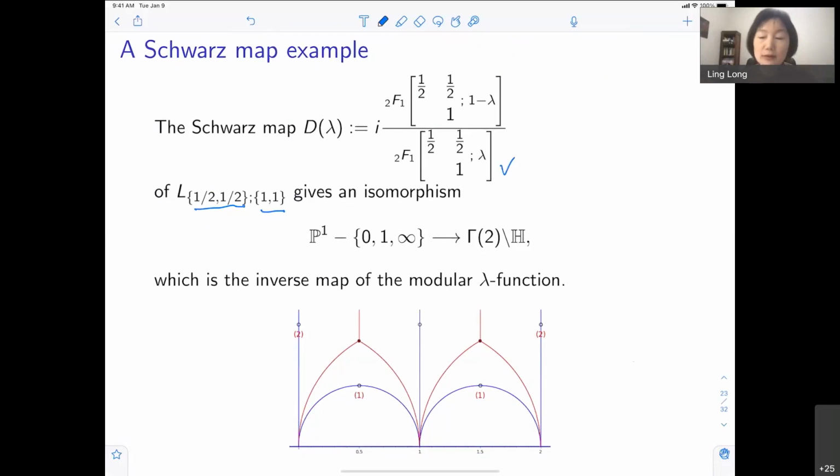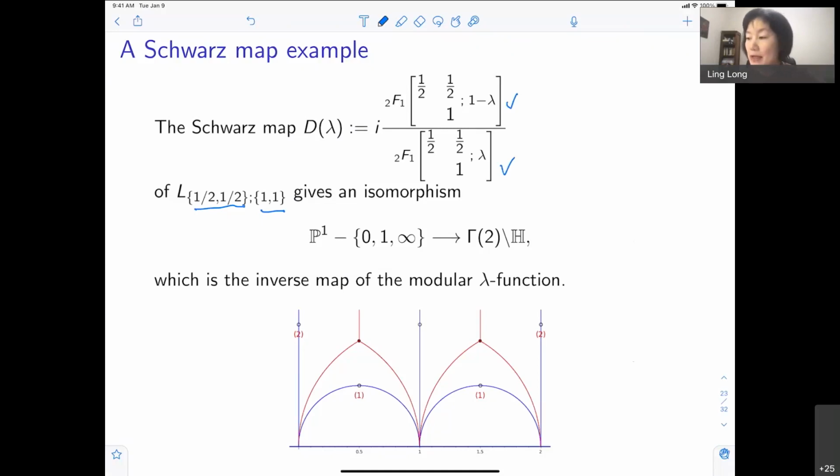Another solution you can use is when you change alpha to 1 minus alpha, it will get you another solution. It's due to the symmetry between the singularity 0 and 1. And it's also an exercise to check that the one up there is not holomorphic, so it's not a scalar multiple of the one below.